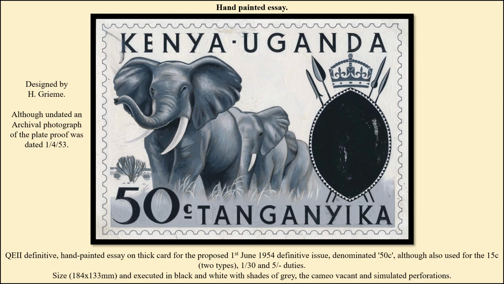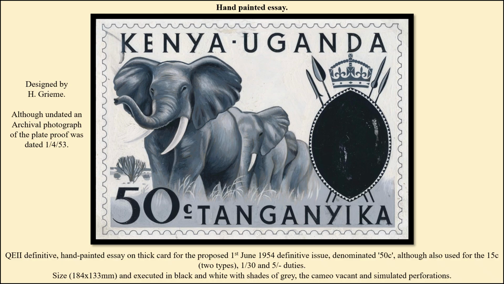The hand-painted essay on thick card from the De La Rue archives, it was designed by H. Grimm, and although it's not dated, there was an archival photograph of the plate proof, and that was dated the 1st of the 4th, 1953.